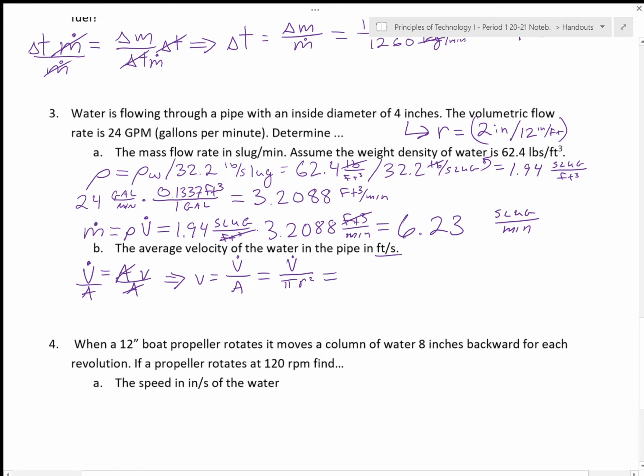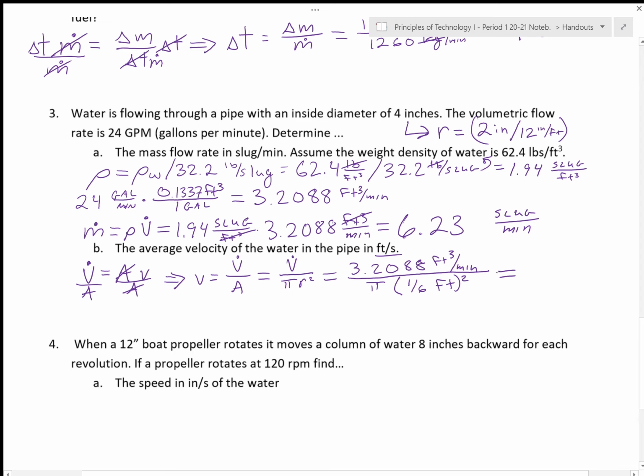So making our substitutions, the volume flow rate that we have in cubic feet per minute is 3.2088 cubic feet per minute. We're going to divide that by pi times 1/6 of a foot squared.